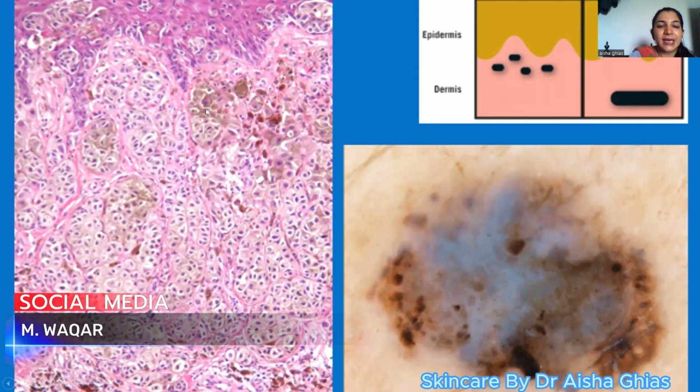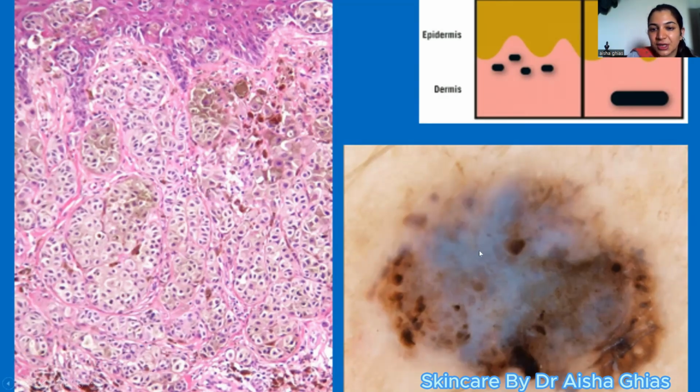The pigment-carrying melanocytes and the nests of melanocytes make this gray or blue on dermoscopy, and that's the reason we find these colors on dermoscopy. So this was the histological representation of gray or blue on dermoscopy. Hope you understand better.